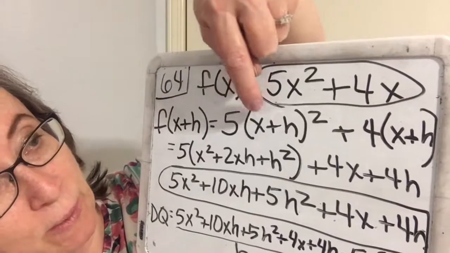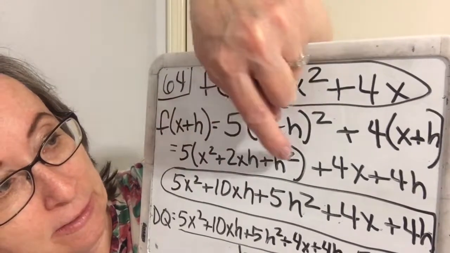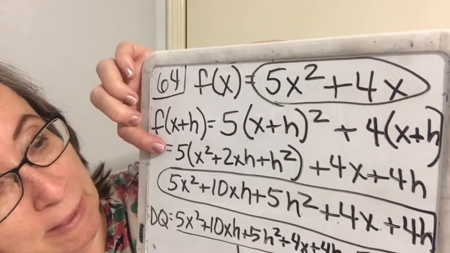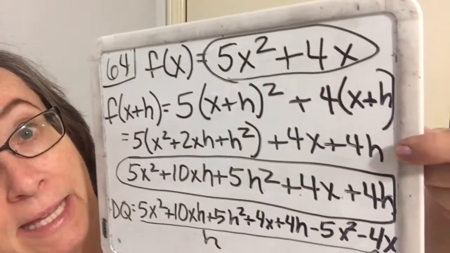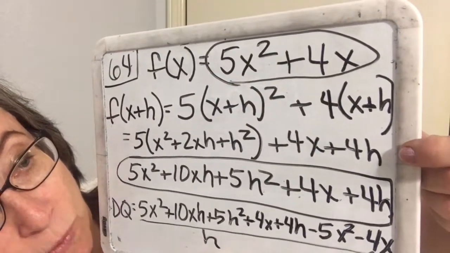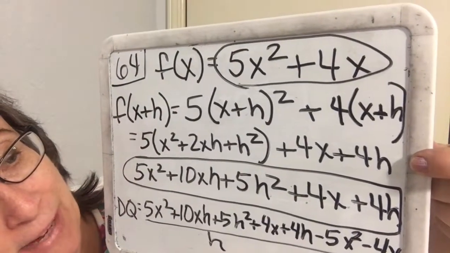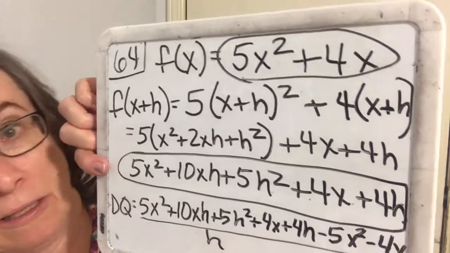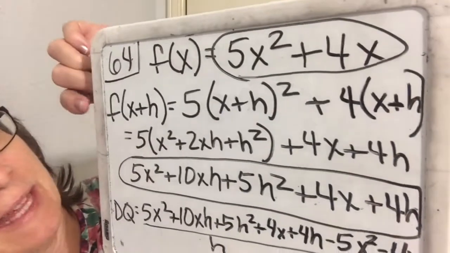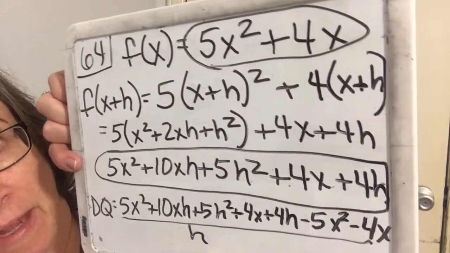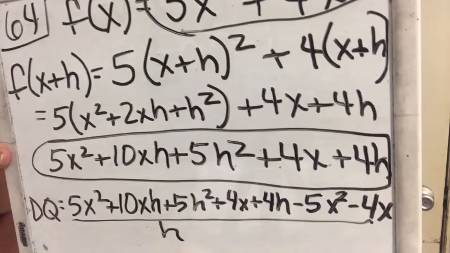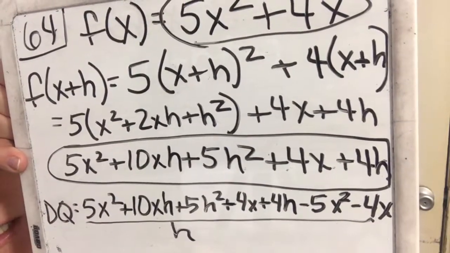Well, I squared the x plus h out here and multiplied it by 5, and then I distributed here the 4x plus the 4h, and I finally came up with an expression for just this f of x plus h. That whole long thing there is the expression for f of x plus h.